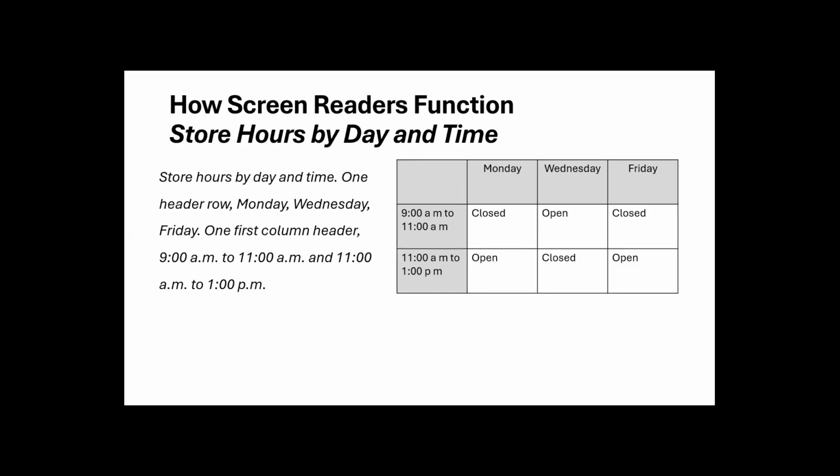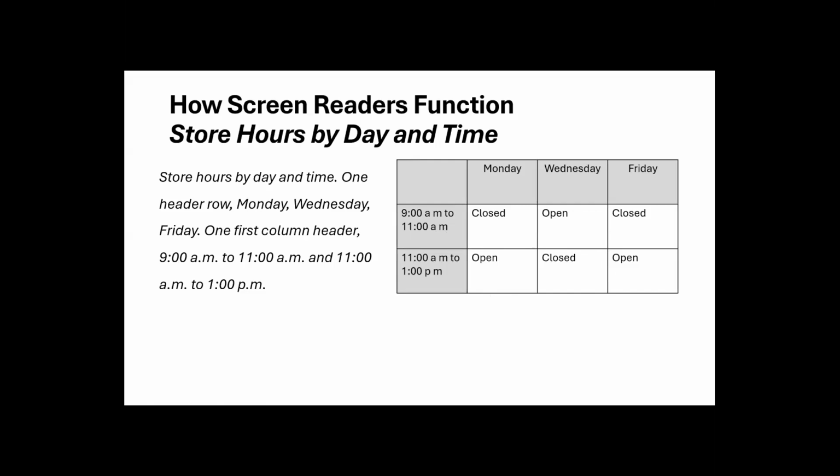For this one, we would want to have store hours by day and time, then one header row, Monday, Wednesday, Friday, one first column header, 9 a.m. to 11 a.m. and 11 a.m. to 1 p.m. Okay, I don't need to go through and give every single thing that's on this table, because if it is properly formatted, it will already be there, right?